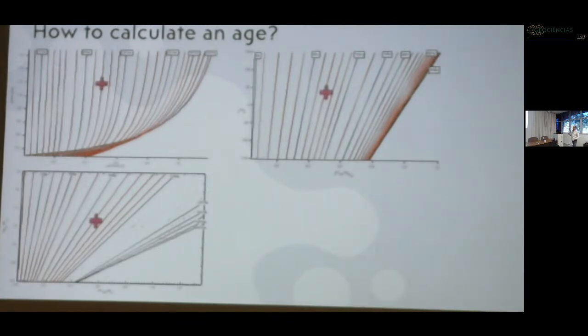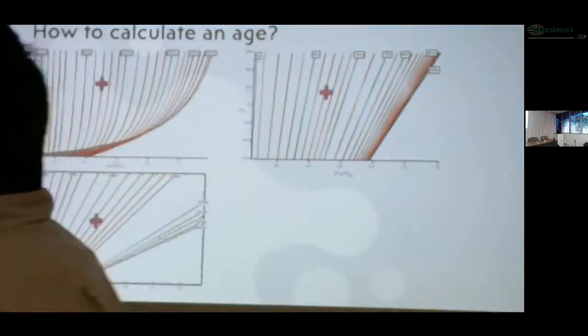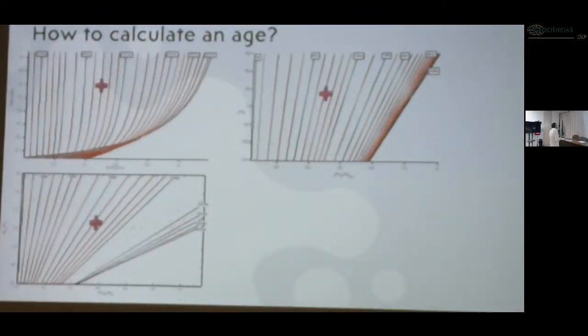So in theory, if you have an isotope composition that solves this equation, then you should be able to get exactly the same result for the age. So you just put your activity ratios in this plot, and it'll give you an idea of how old or how young your sample is.